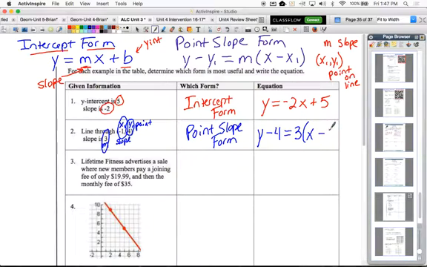So x minus -1. All right, now remember from last class we talked about if we have a minus a negative. When we have subtracting a negative, remember that's really the same thing as adding. So we're going to change that to a plus.